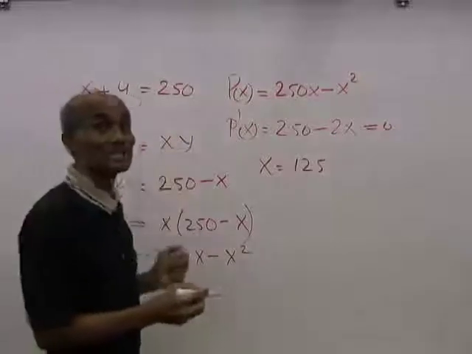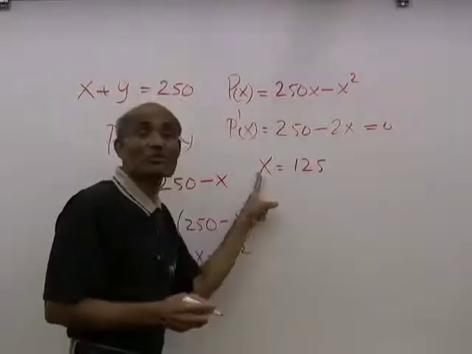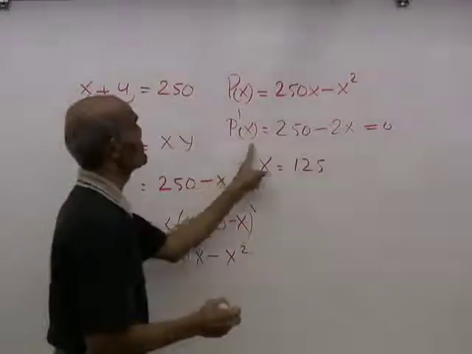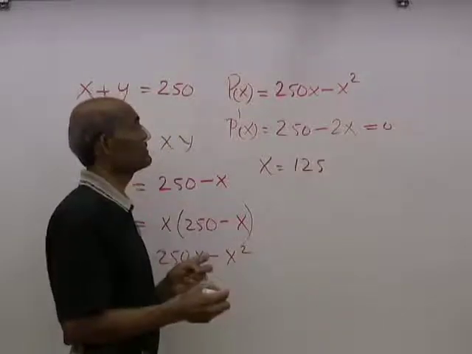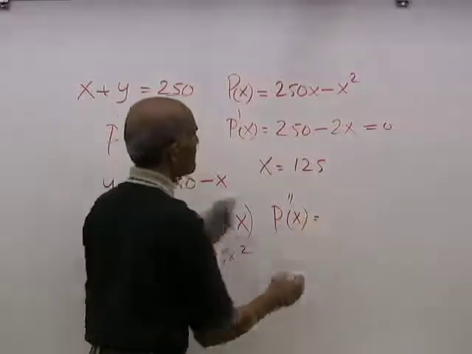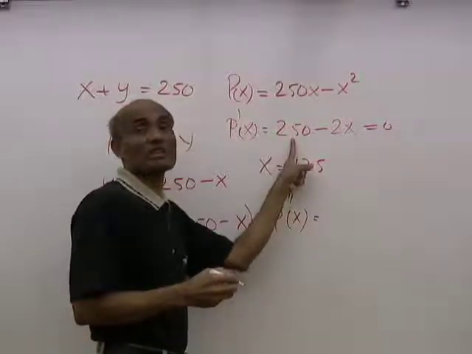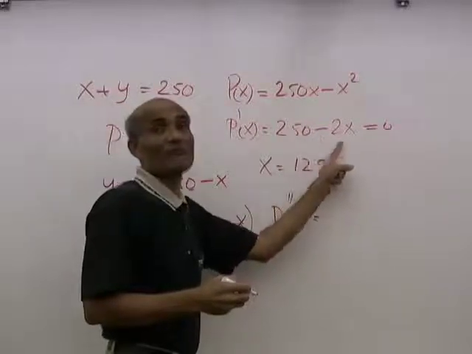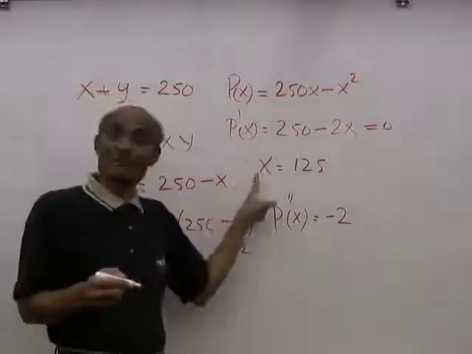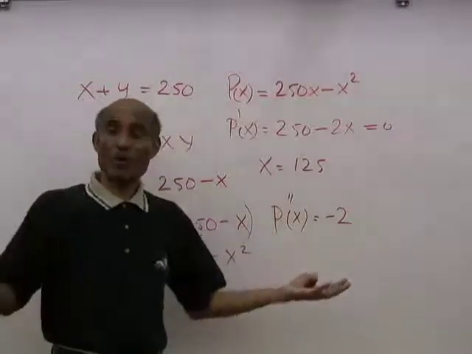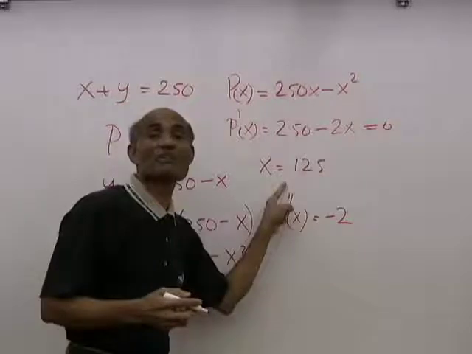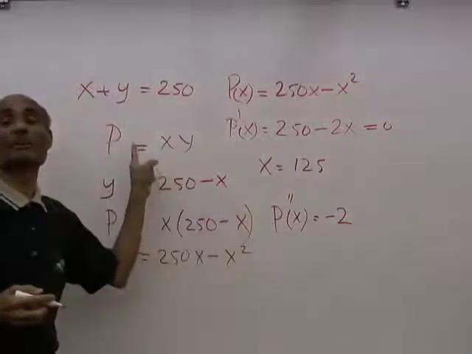Well, how do you test it? See what the second derivative is at this x value. If the first derivative P prime of x is 250 minus 2x, tell me what the second derivative is. P double prime of x is derivative of 250 is 0, derivative of minus 2x is negative 2. That means for all values of x, the second derivative is always negative. And that tells you that x equal to 125 will give you the product a maximum.